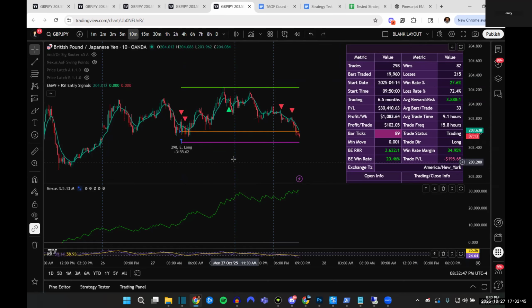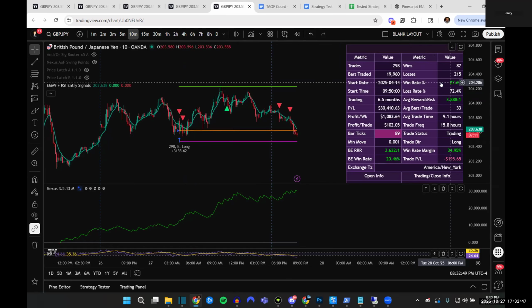Now, if you are manually trading this, you might very well lose your mind, because you're taking 215 losing trades to every 82 winning trades. And I don't know a lot of people who have the psychology, the mental fortitude to continue to just take losing trade after losing trade after losing trade and not get so frustrated that they make a dumb mistake.